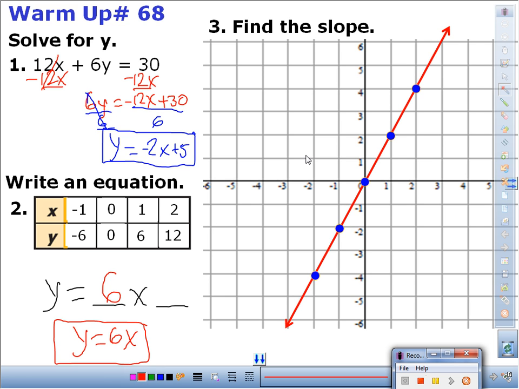Number 3, find the slope. Now you can pick any 2 points. I'm going to pick this one. That coordinate is negative 1 of x, negative 2 of y. And I'm going to pick this one over here. That one is 2 of x, and 4 of y.